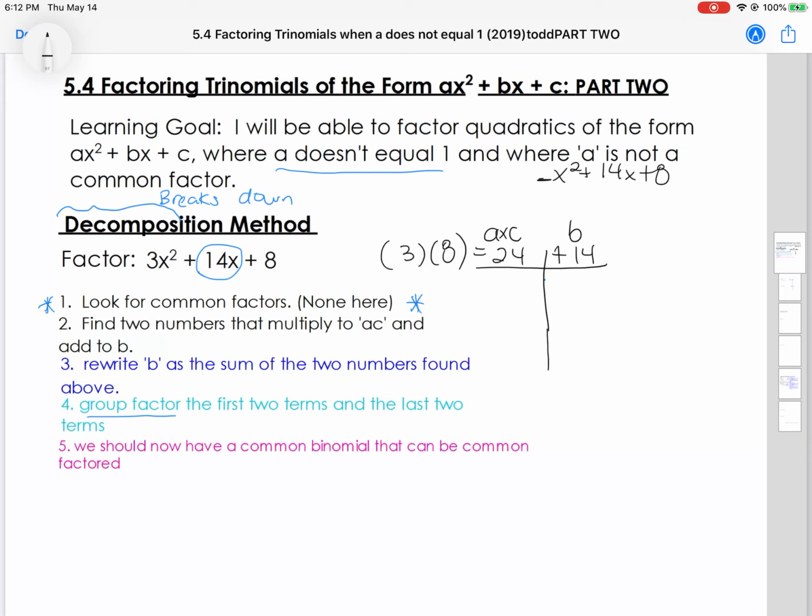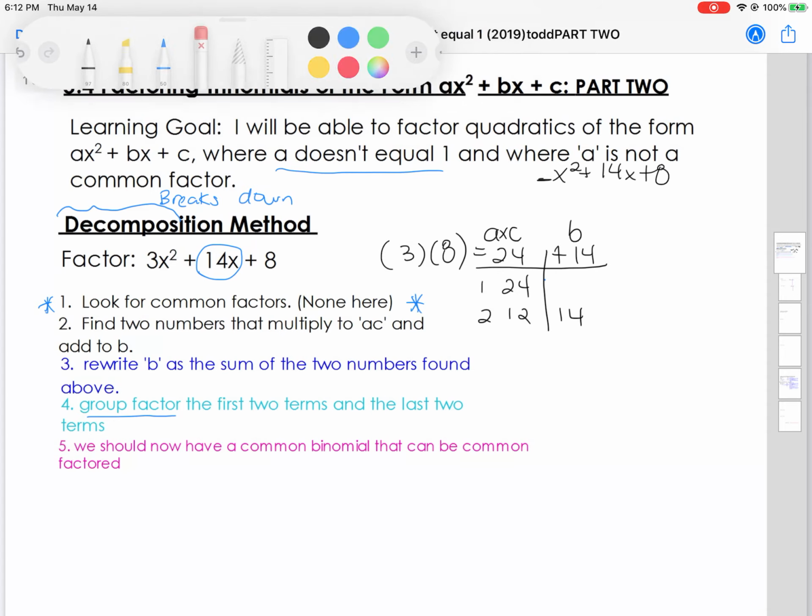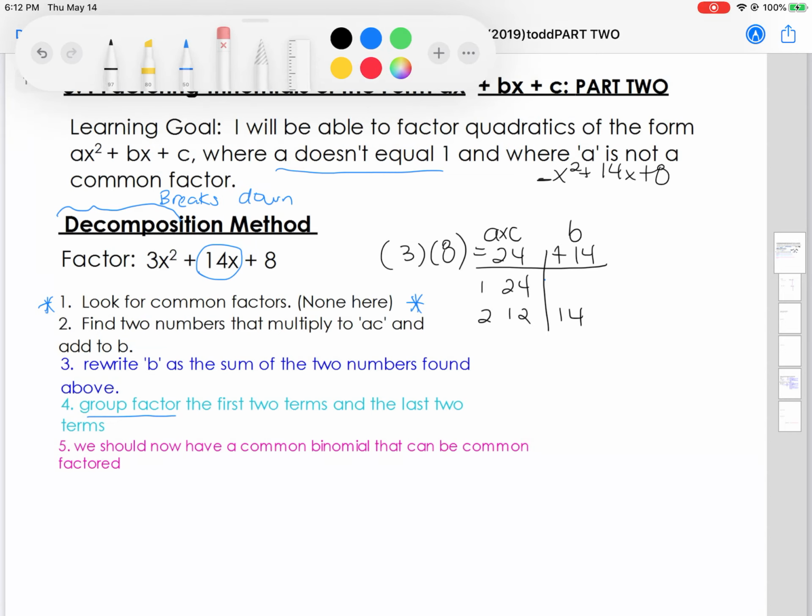If you don't know the factors, like in the homework, for example, one of them was 216, well, just start at the beginning. So 1 and 24 do not add to 14. 2 and 12, oh yep, they add to 14. So you can stop. You don't need to show them all, but you could keep going until you had them all that you needed.